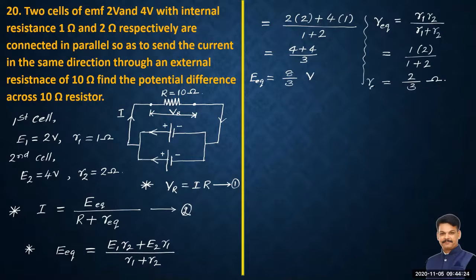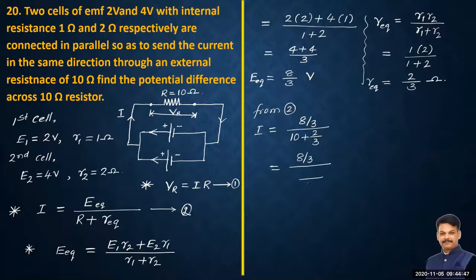Once I know the equivalent internal resistance and EMF, I can make use of equation 2. From 2, I is equal to 8 divided by 3, over R which is 10 plus 2 divided by 3. For the denominator, you have to take the LCM and keep the numerator as it is.